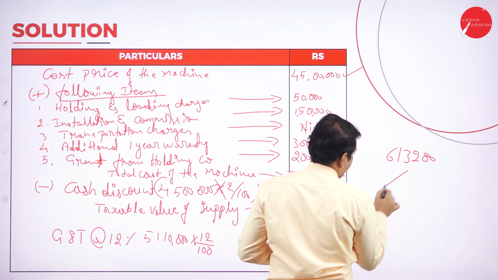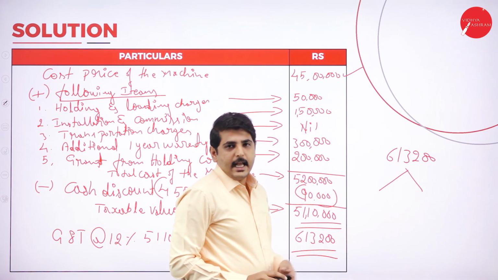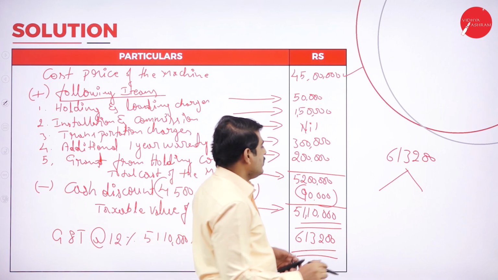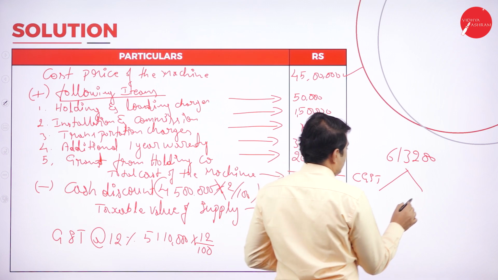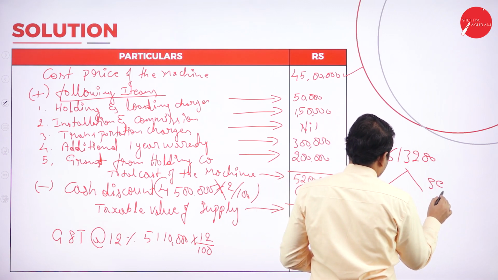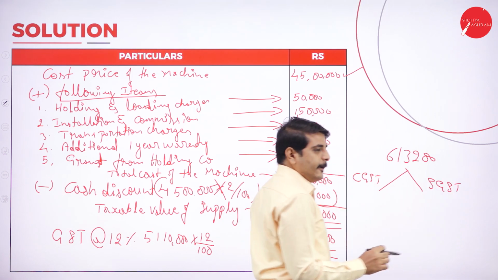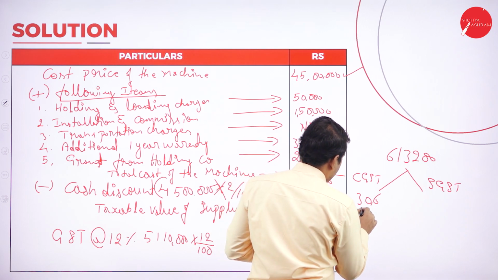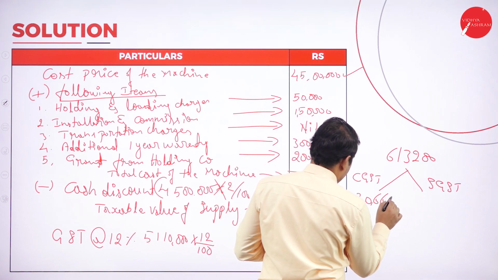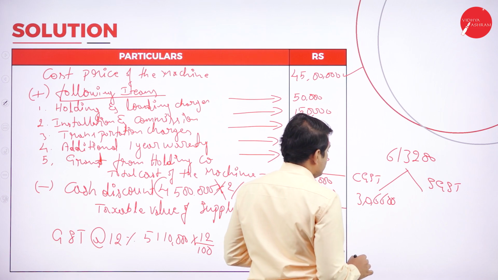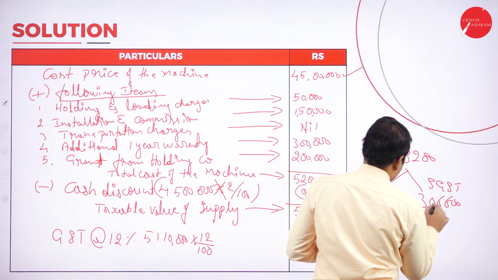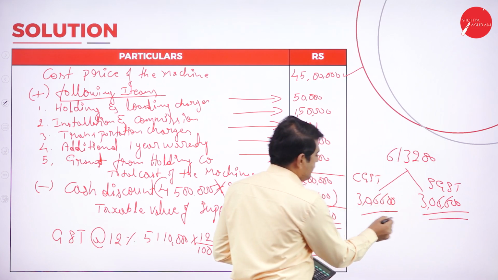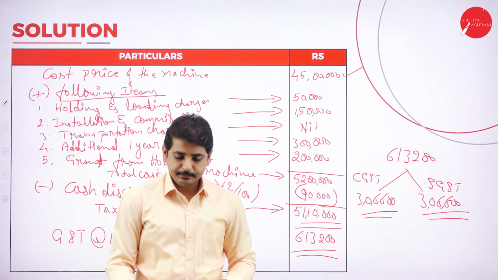So 50% of the 6,13,200 goes to CGST. Remaining 50% goes to SGST. That means 3,06,600 is CGST. Again 3,06,600 is SGST. This is the amount.